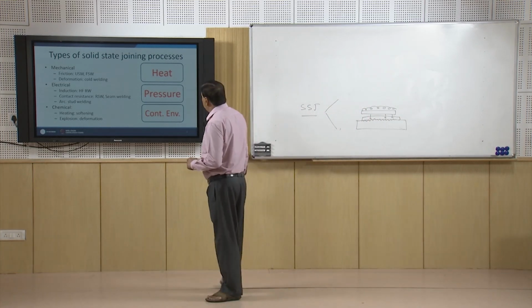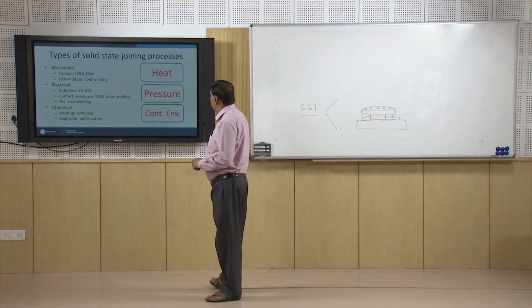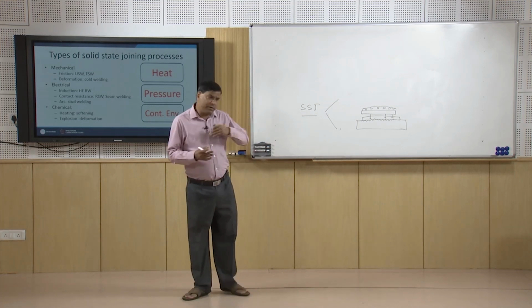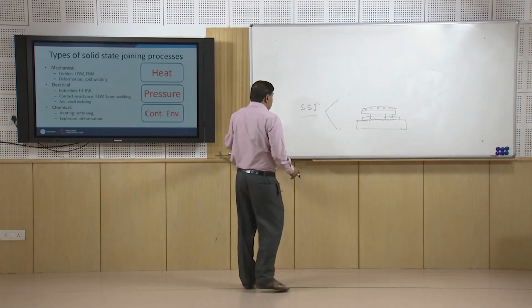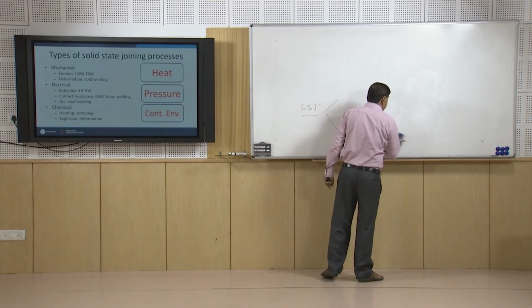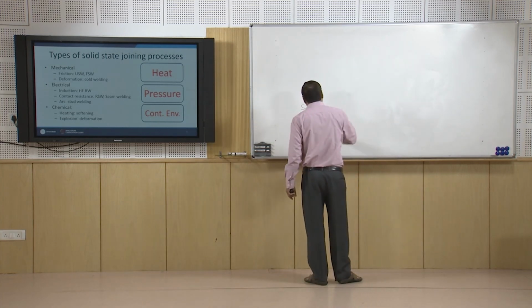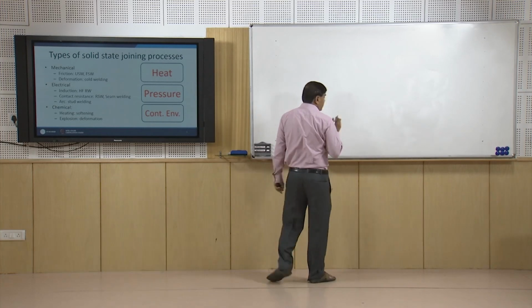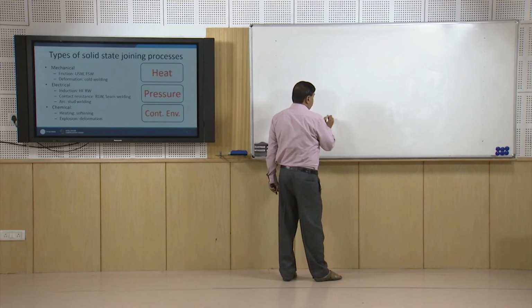So, the main parameters here are heat, pressure and the environment. Environment is certainly important because when heat is applied, sometimes we need to apply a controlled environment in the form of inert gases or inactive gases, or even vacuum is applied, like in the solid state joining process of diffusion bonding.